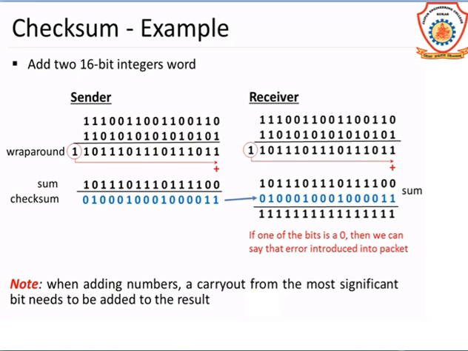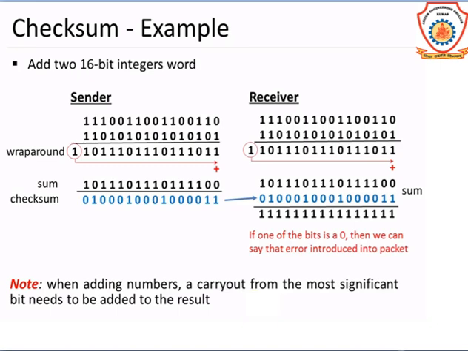Now at the receiving side, when the segment arrives at the receiving host, these two words are summed, and the overflow bit is added to the result. Then the checksum field value received at the receiving host is summed with this word. If any bit in the sum is 0, then we can say that an error was introduced in this particular segment.